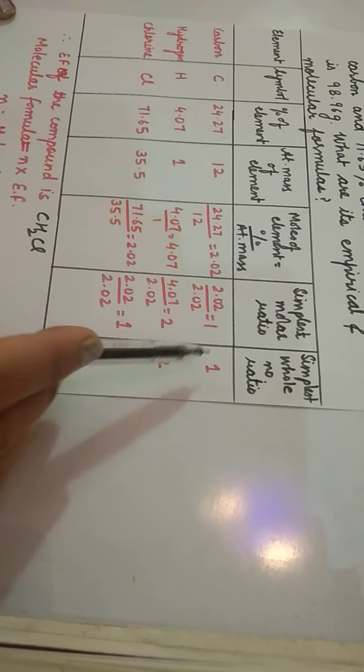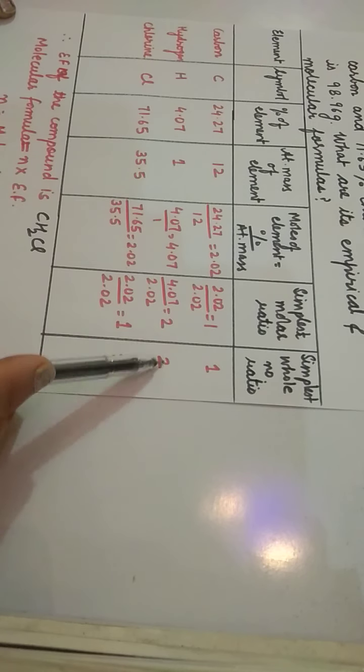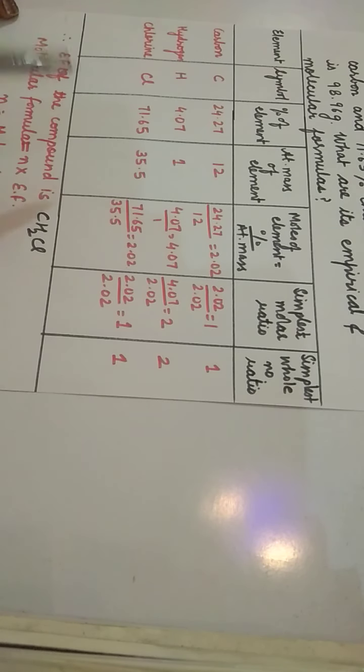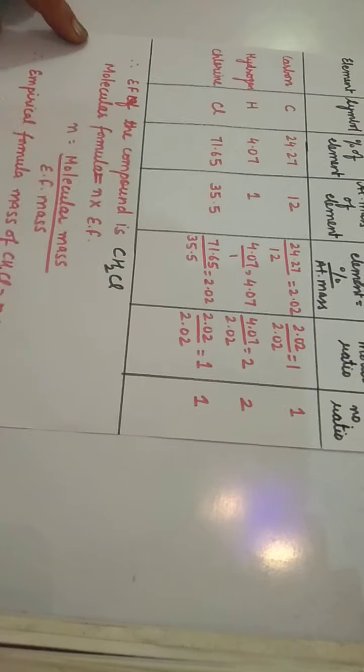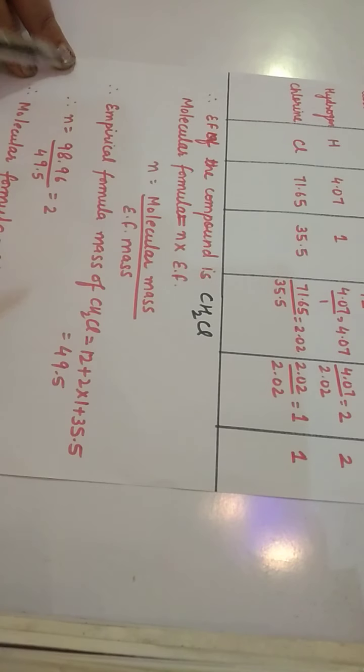So now the simplest whole number ratio came out to be 1, 2 and 1. So it means carbon is 1 atom, hydrogen is having 2 atoms and chlorine is having 1 atom. So the empirical formula of the compound becomes CH2Cl.